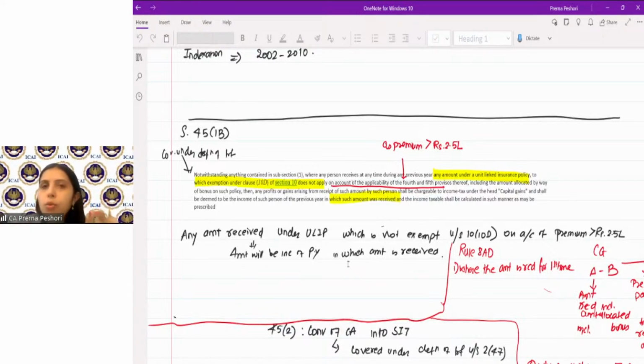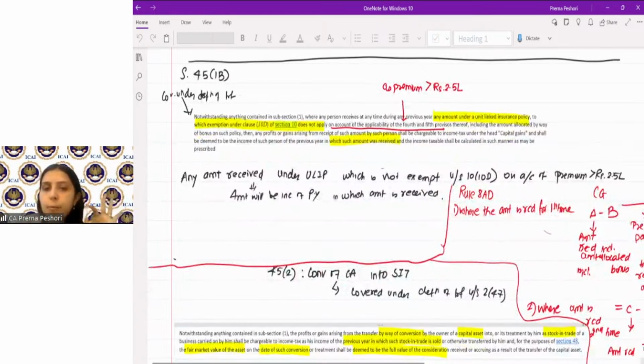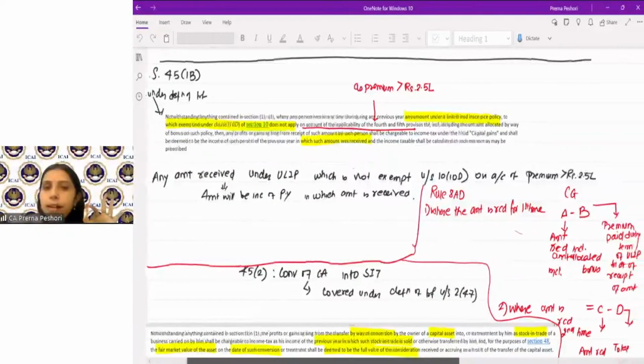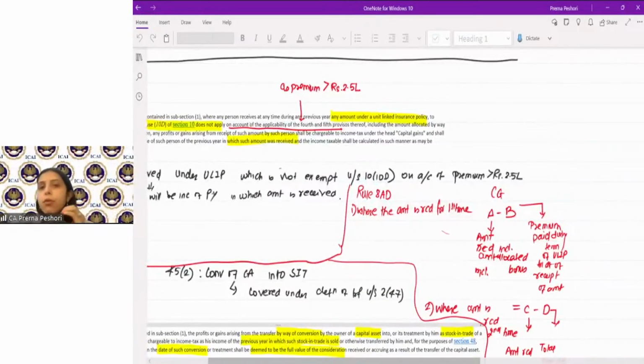Now, Rule 8AD was prescribed for that. What did Rule 8AD provide? Rule 8AD provided that where the amount is received for the first time, then the amount received minus the premium paid is your capital gain. Are we clear?